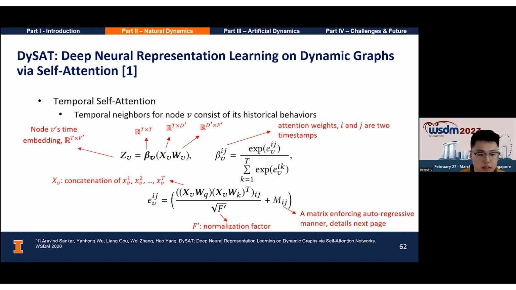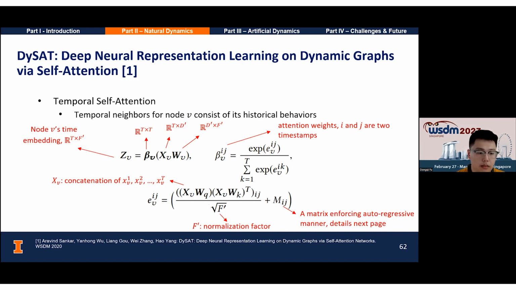Then we multiply it with a query matrix, which is the standard technical logic of self-attention. We multiply x_v with W_q and x_v with W_k. F prime here is the normalization factor.